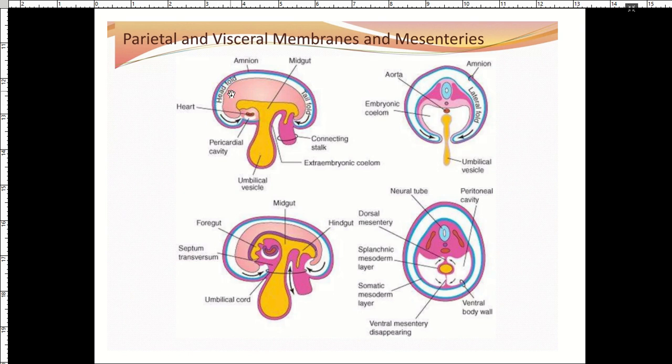So then, due to this cephalocaudal folding, the heart is going to be at its original site. This also helps the heart to be located within its cavity. You can now see this cavity, that's your pericardial cavity, right? Your heart is now located in your pericardial cavity.